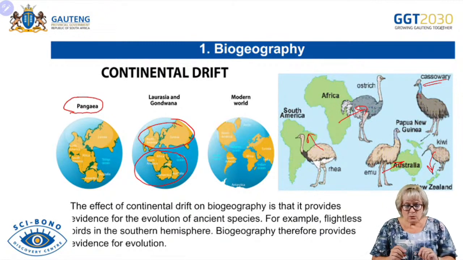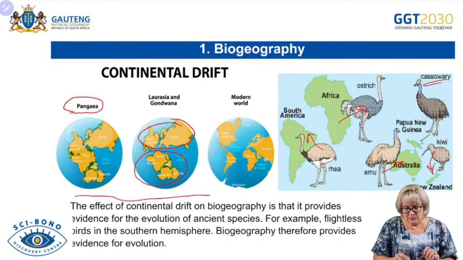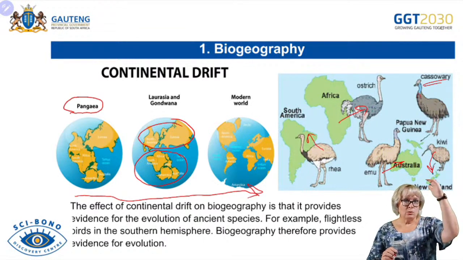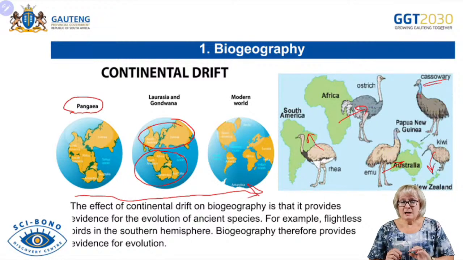And because of what happened over these millions of years, when the continent actually split up into pieces, these birds landed up in different parts of the world. And because they moved, the environment of these continents changed, because some of them moved closer to the North Pole, some closer to the South Pole, and some even closer to the equator, where we all know it's much, much hotter.